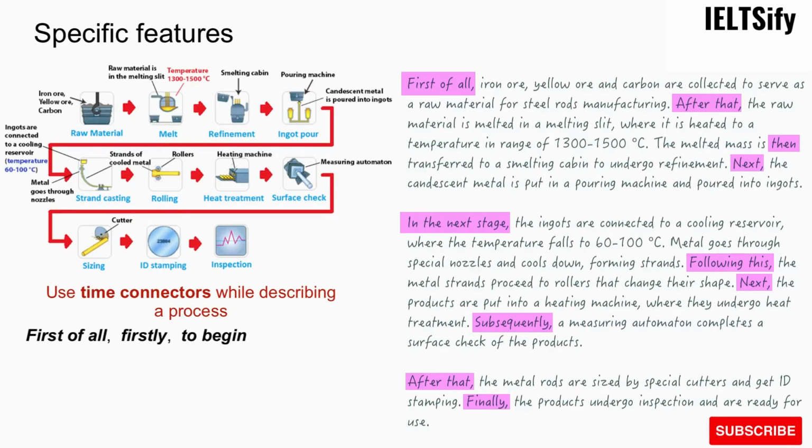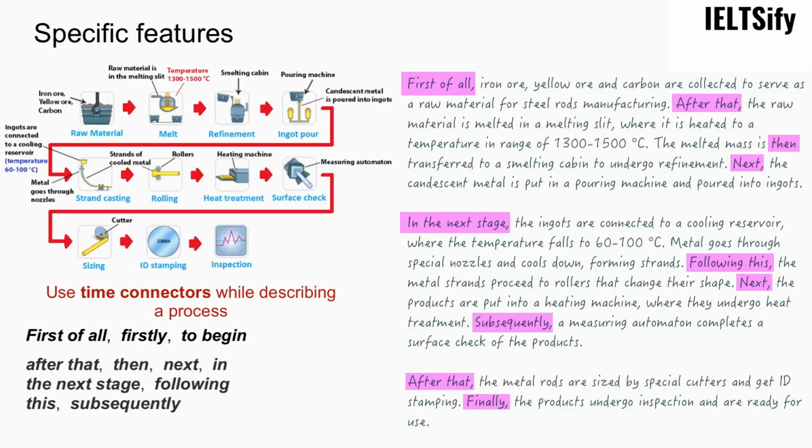You could also use such connectors as firstly and to begin to start your description. To move on to the next stage, I used the following connectors. After that, then, next, in the next stage, following this, and subsequently.